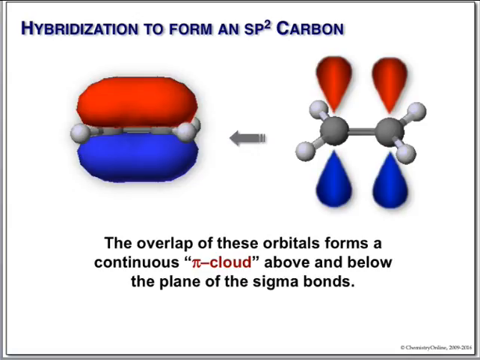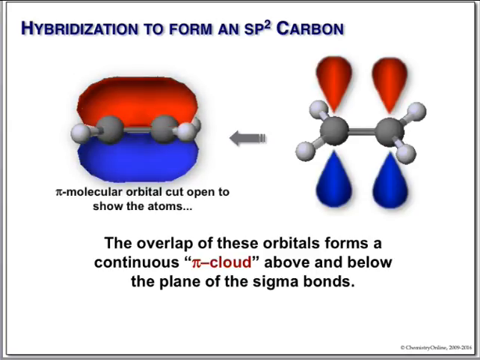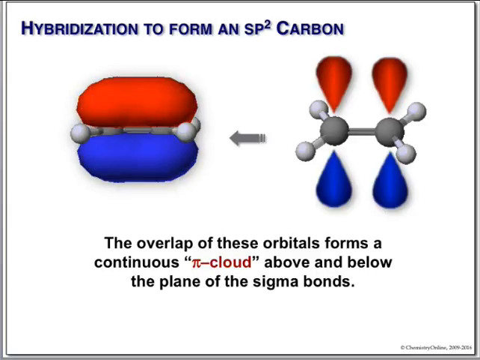Kind of looks like a hot dog. Here's our structure in the middle with the electrons above and below it. This is what we refer to as our double bond. One bond comes from building these things together, and the other is from these p orbitals that overlap.